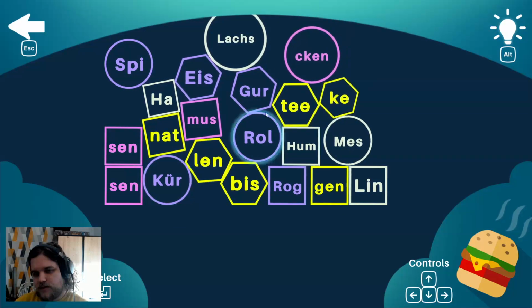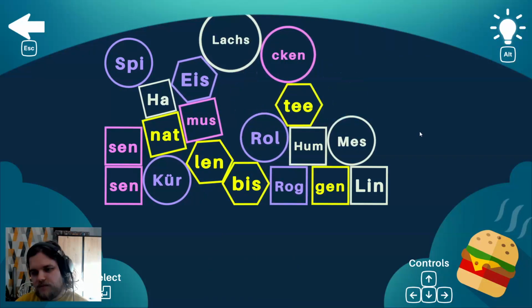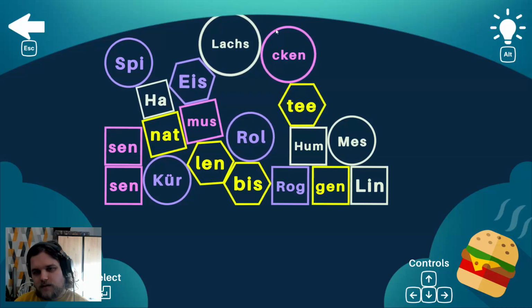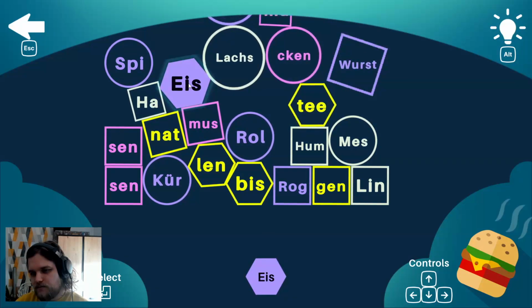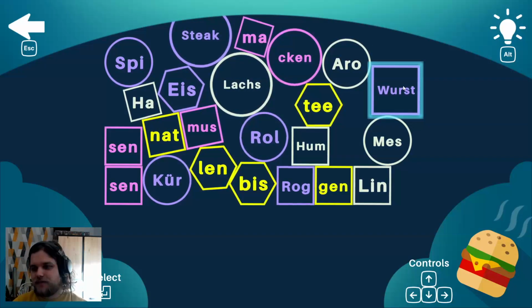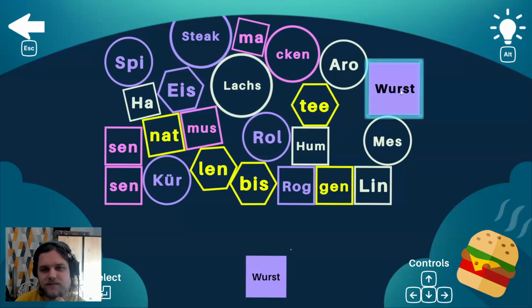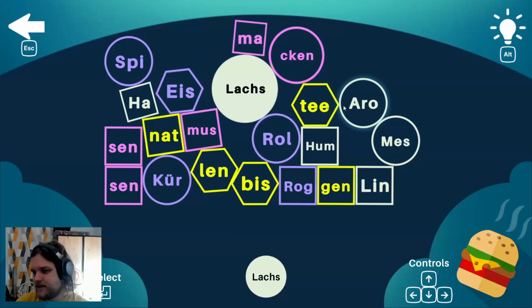What can I see? Some Gurken maybe? Gurke. Ice? Probably not. Okay, I can see some sausage. The Wurst. Steak. Axe maybe? Yeah.